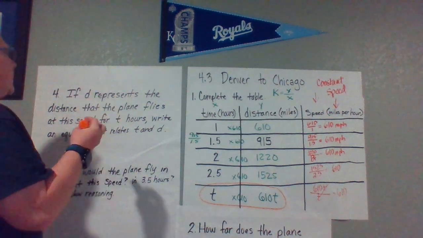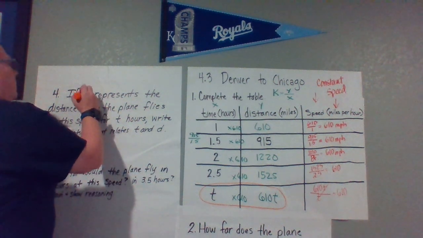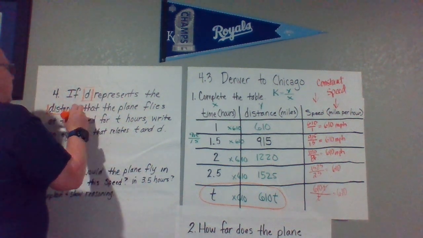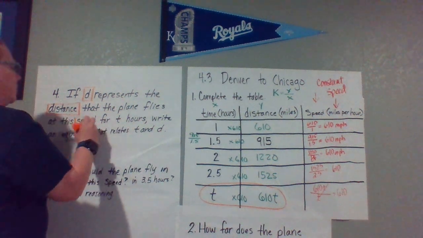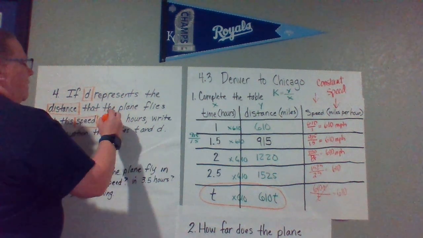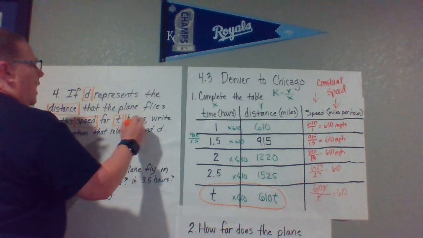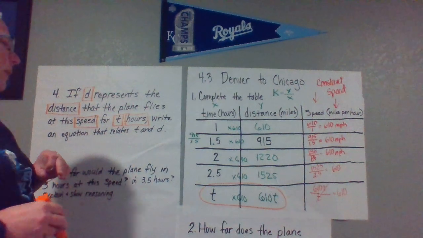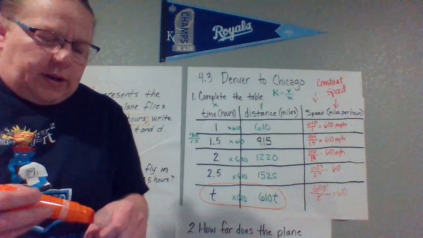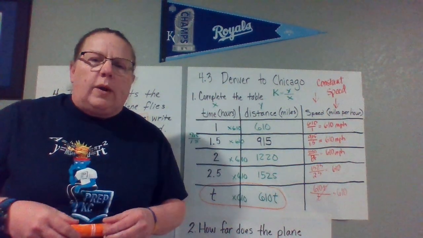A couple of things this one talks about. D represents distance. The plane flies at this speed, so there's a piece of information I need for T, and then hours. It wants us to write an equation that relates T and D, so I know that at some point T and D are going to be part of my equation.